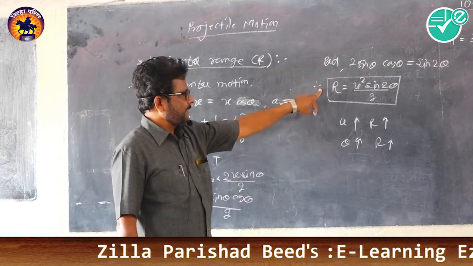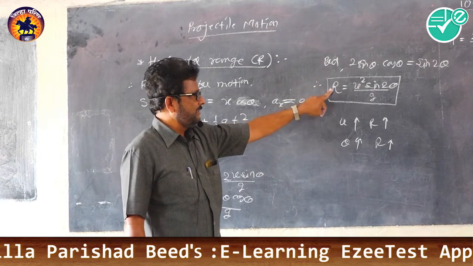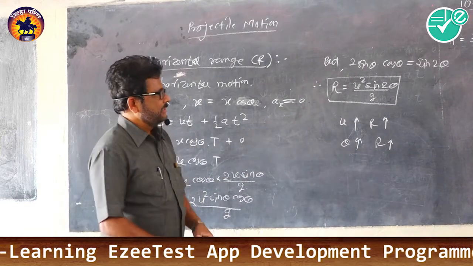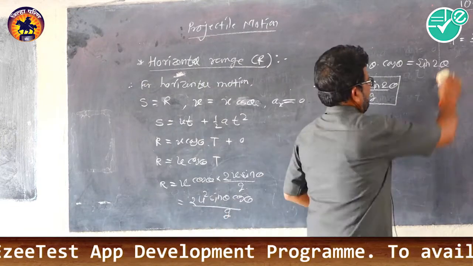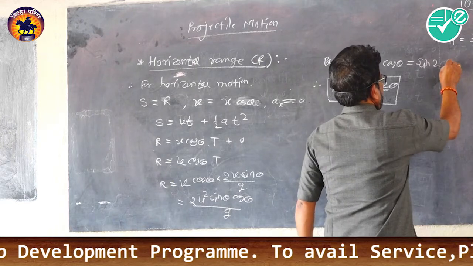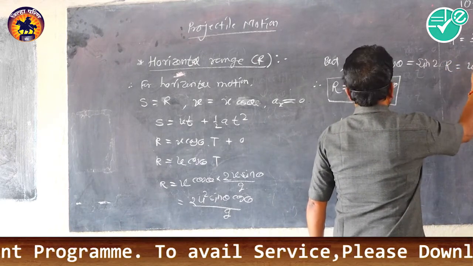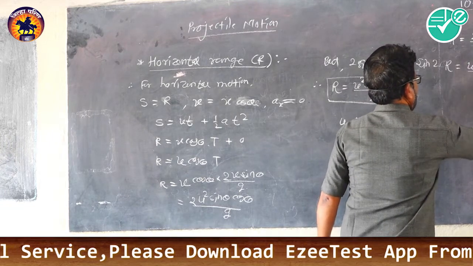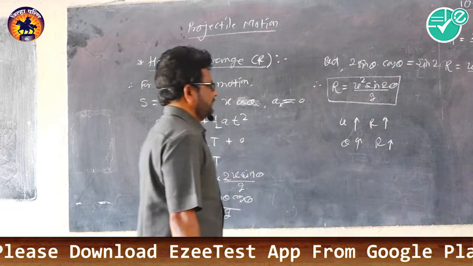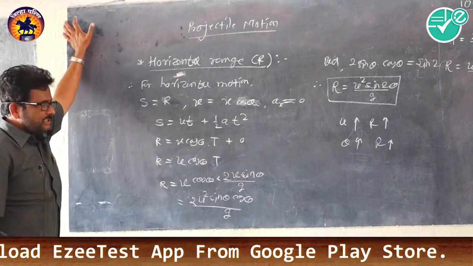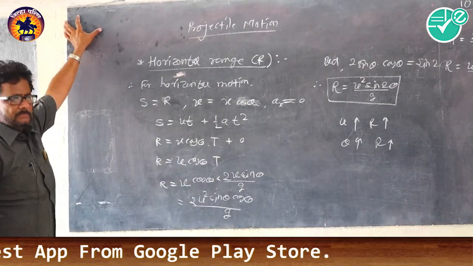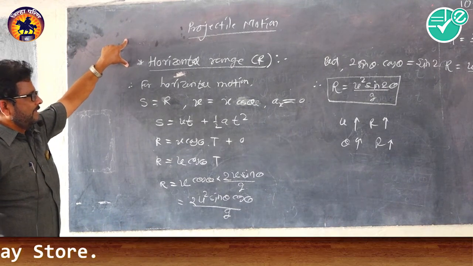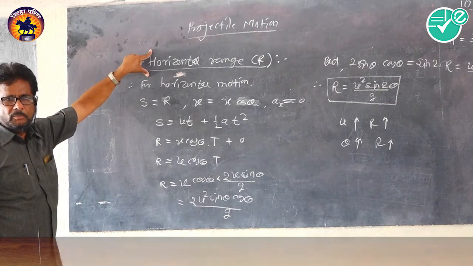This is the range of the projectile, R is equal to u square sin 2 theta upon g. So this is about the time of flight and the horizontal range of the projectile.